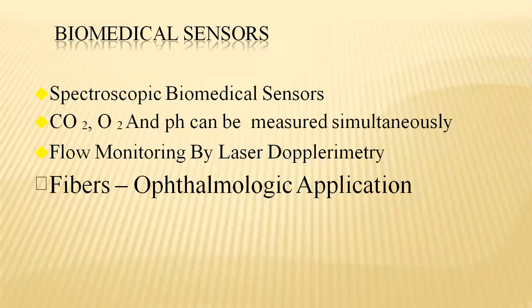Doppler is nothing but laser Doppler, as the laser beams are formed and projected towards the body, pass through the body and examine whether any blocks exist. And Doppler is used to detect the muscle levels, and whether blood circulation is taking place from one muscle to another. That is the flow monitoring.